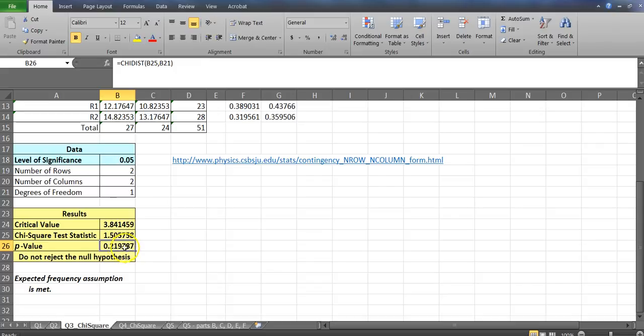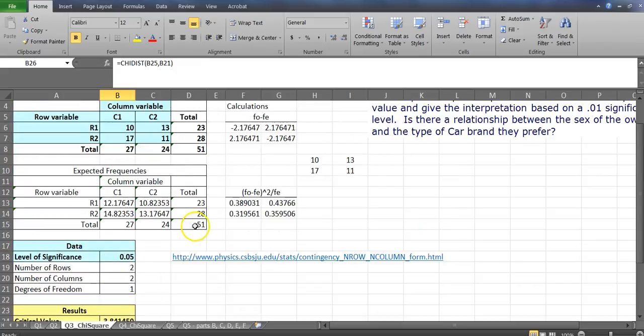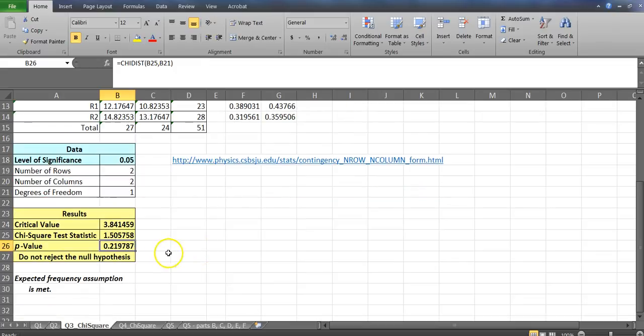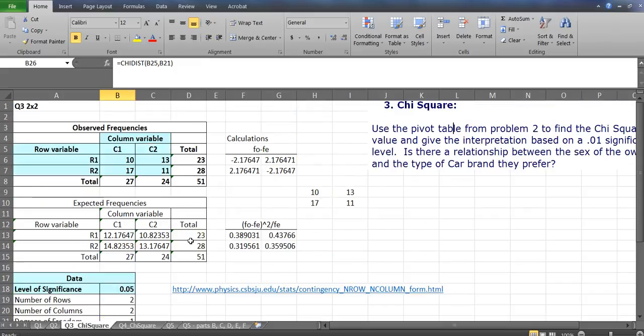In this case, 0.219 obviously is greater than 0.01 or even 0.05, so it's telling us, hey, do not reject the null. Okay, they're not very different, and when I say different, that's the observed versus expected, as well as the relationship is too close between the sex of the owner and the type of car brand they prefer.